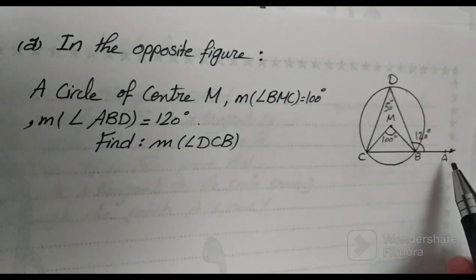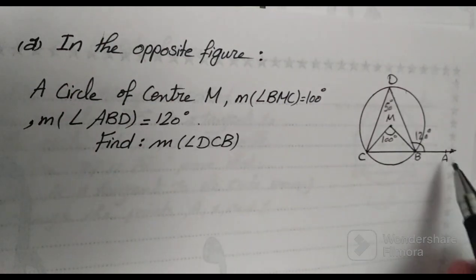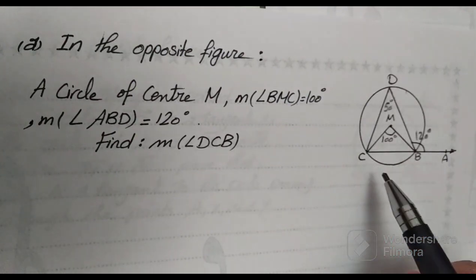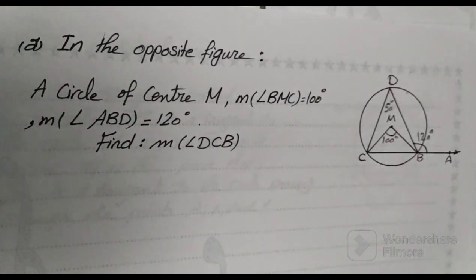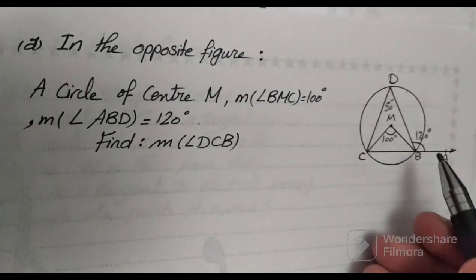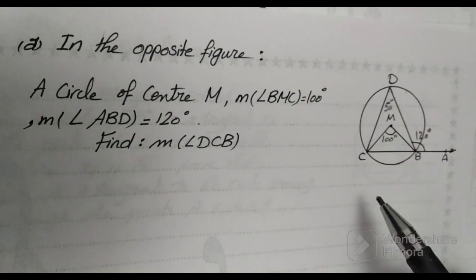The measure of angle ABD equals 120 and angle ABD is an exterior angle of triangle DBC. We studied before that the exterior angle equals the sum of the two interior angles except the adjacent angle.